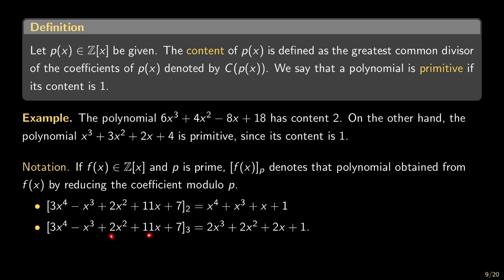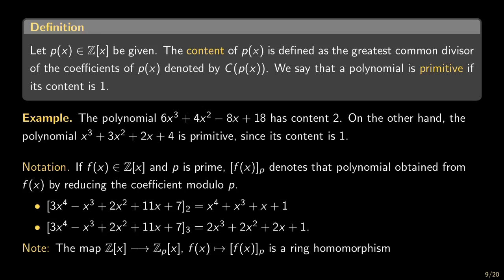What's that? 11 modulo 3 is also 2. 7 modulo 3 is 1. Therefore, the resulting polynomial is this, and this polynomial is now in Z3 square bracket x. Notice that sometimes when we reduce polynomials, the degree can be lower because the leading coefficient can sometimes turn to 0.